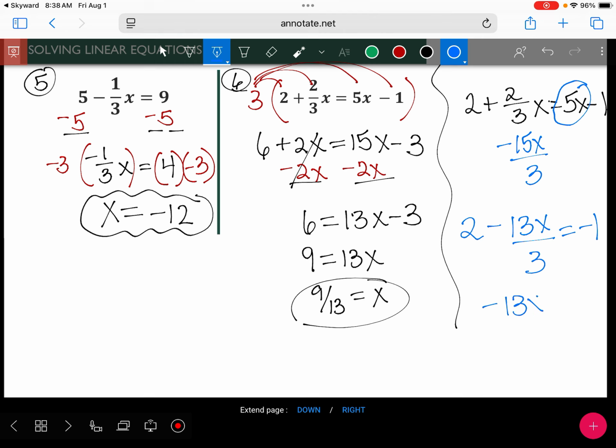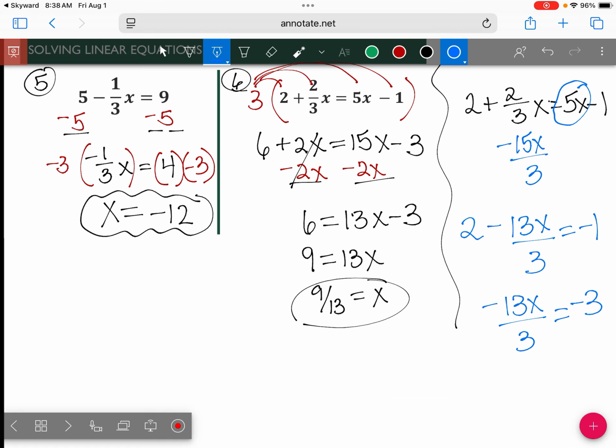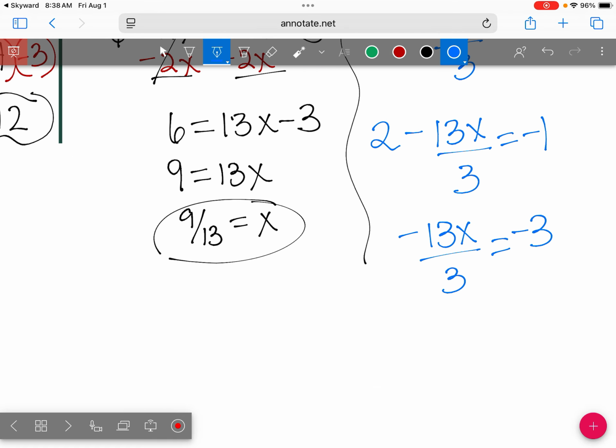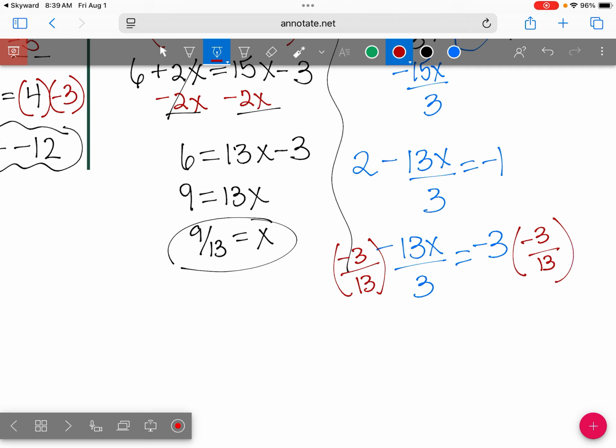So that would be -13x over 3 equals -3. And then my last step would be to multiply by the reciprocal. And the reciprocal would be -3 over 13. And my final answer again would be x equals 9 over 13.